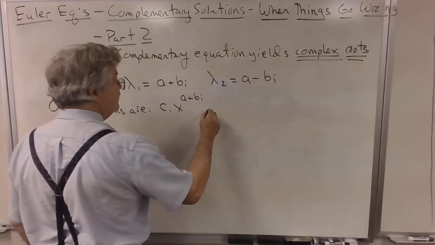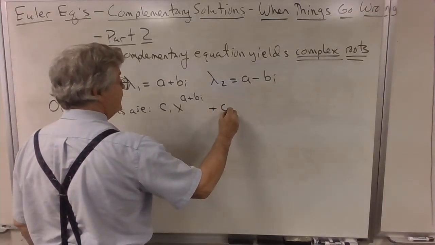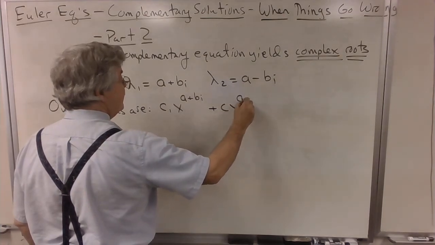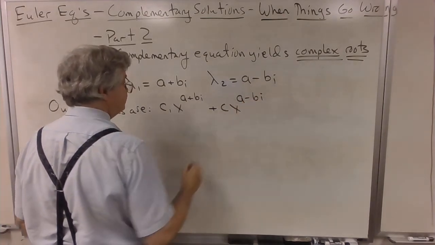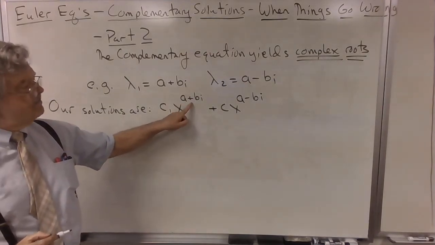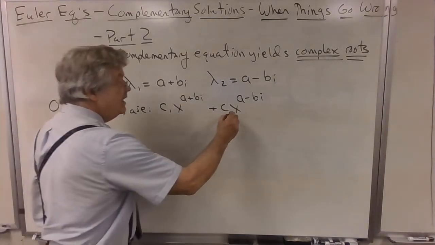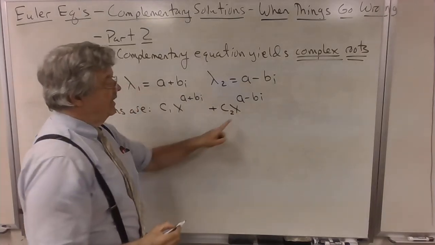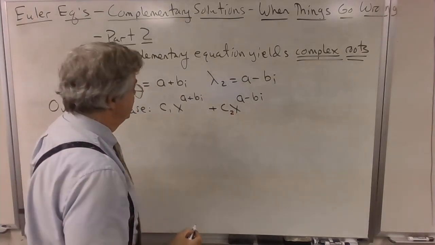Let me just put these together. C1 x to the lambda 1 plus C2 x to the lambda 2.